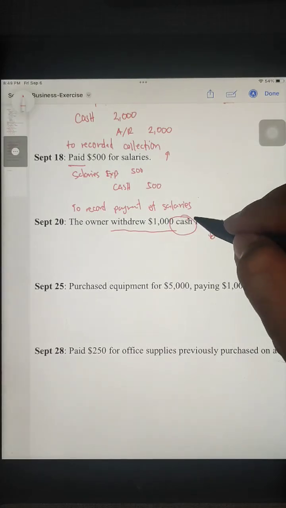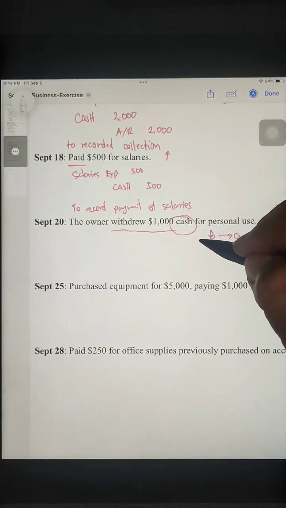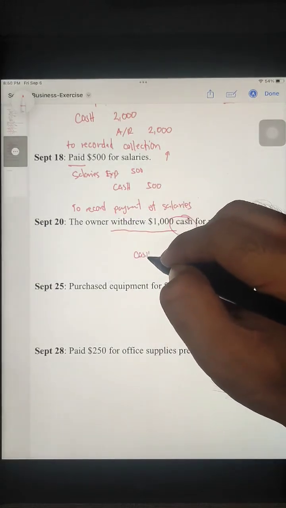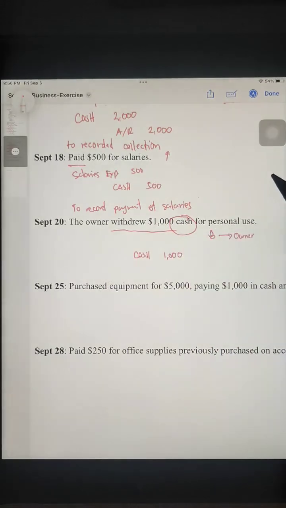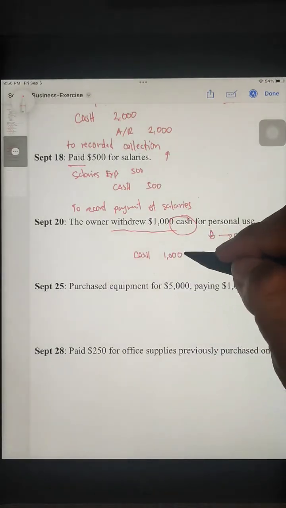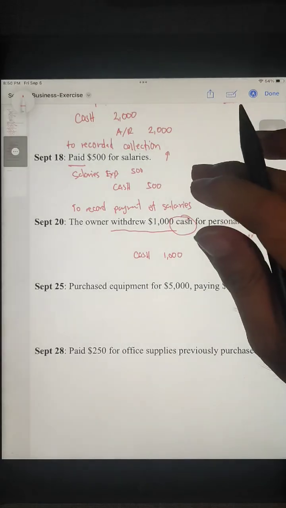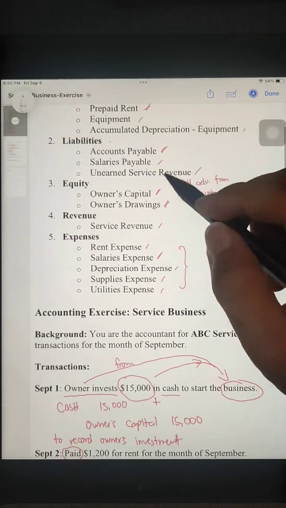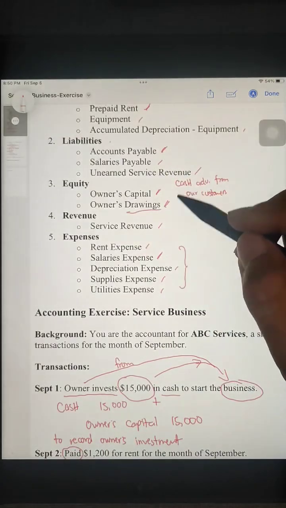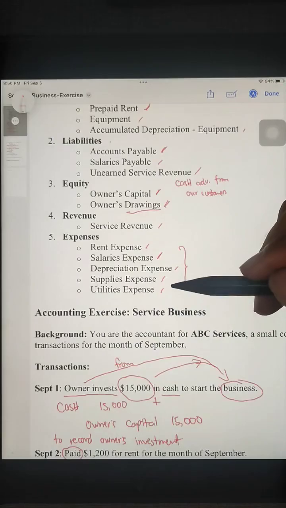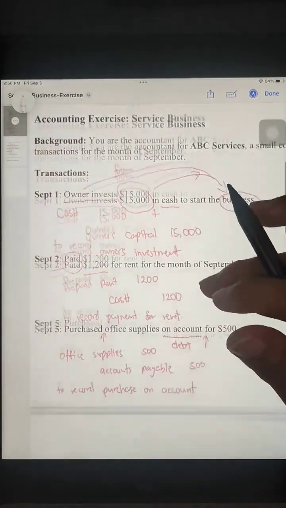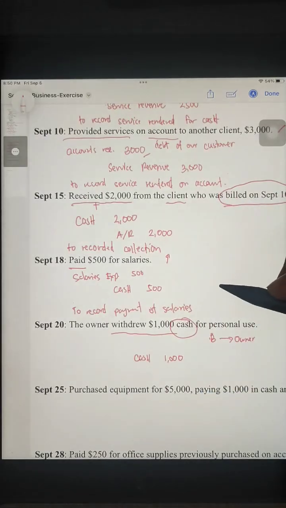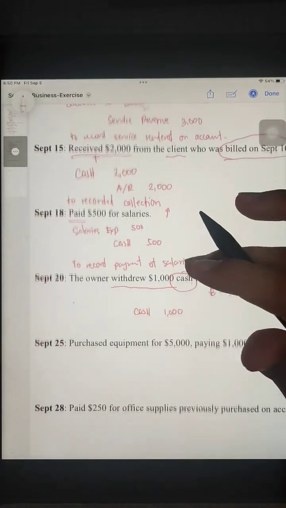Therefore, nabawasan yung cash ng business natin and since cash is an asset, we will need to credit cash $1,000 and we will be charging it to the owner's drawings. Take note, this is a drawing account and since nadagdagan yung withdrawal ng owner, then it needs to be debited.